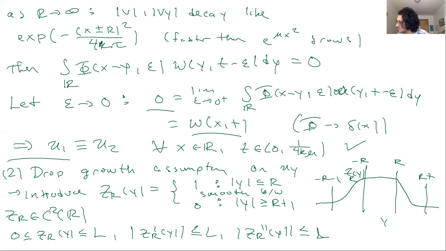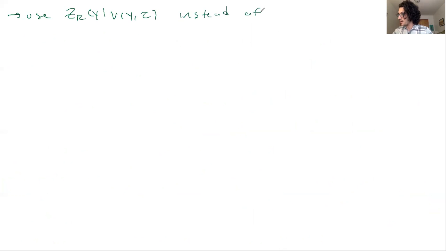So now all we're going to do is we're going to use Zr(y) v(y, tau) instead of v(y, tau) in our proof, okay?